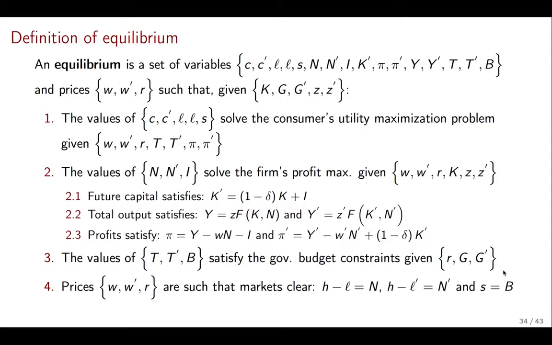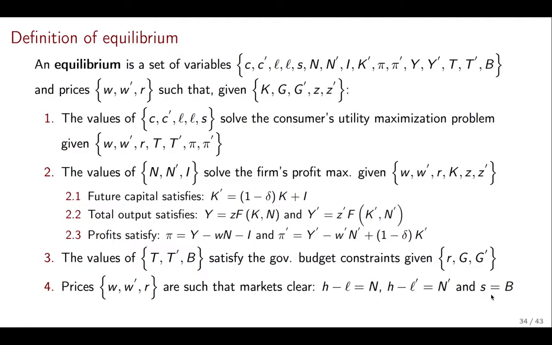Finally, the prices are to be such that markets clear. So we need to clear the market for present labor. This is labor demand. H minus leisure. This is labor supply. The market for future labor. And the savings market. Actually, in this economy, because it's a closed economy, the only way consumers can save is by lending to the government.